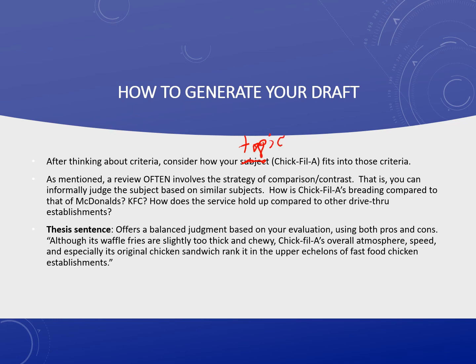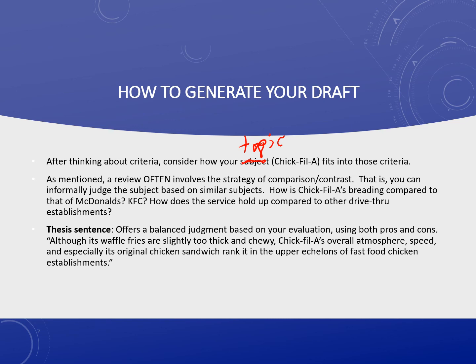Remember, we're talking about your specific topic. You could judge Chick-fil-A, for instance, not just on the criteria mentioned, but then compare it to something like McDonald's or KFC or other fast food restaurants that may even have chicken as their specialty.